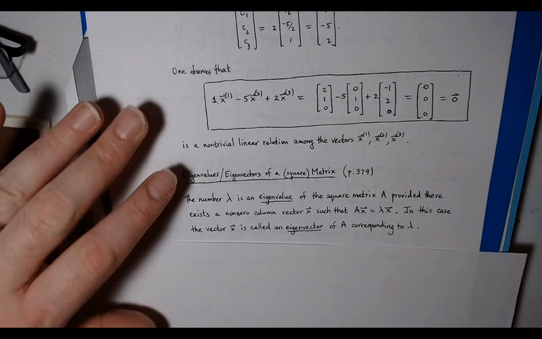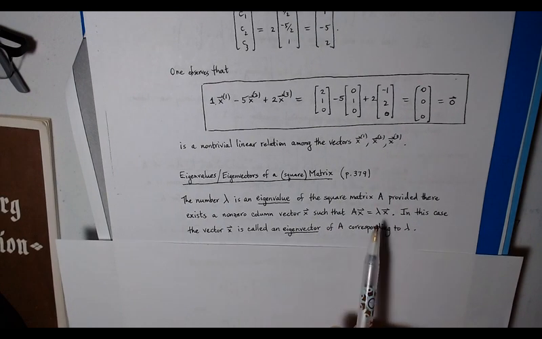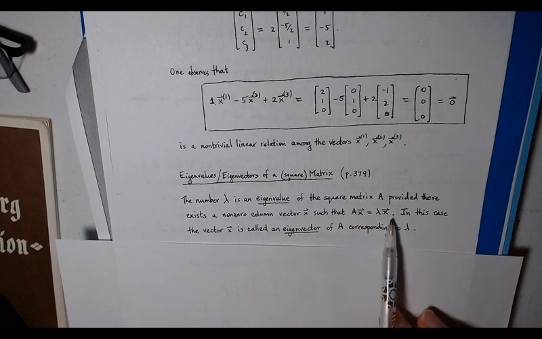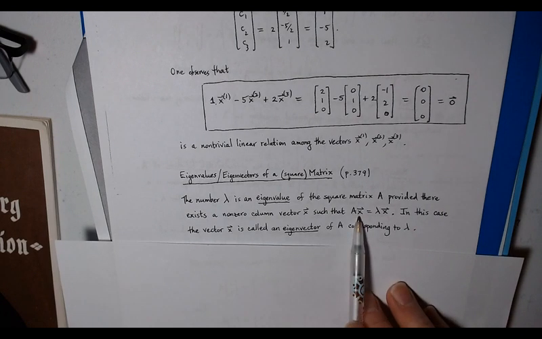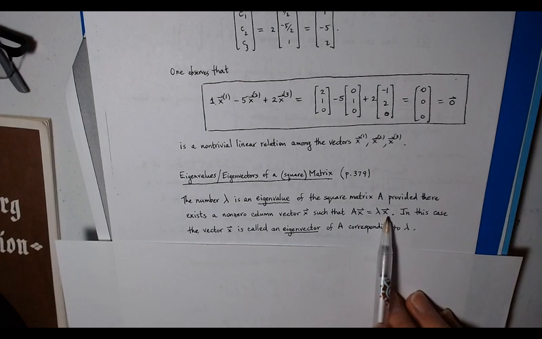So an eigenvalue is just a special number. I think that's literally what eigen means, something like special. It's a special number so that we get a weird solution to this equation, where multiplying a specific vector by our matrix is the same as multiplying that vector by some constant.